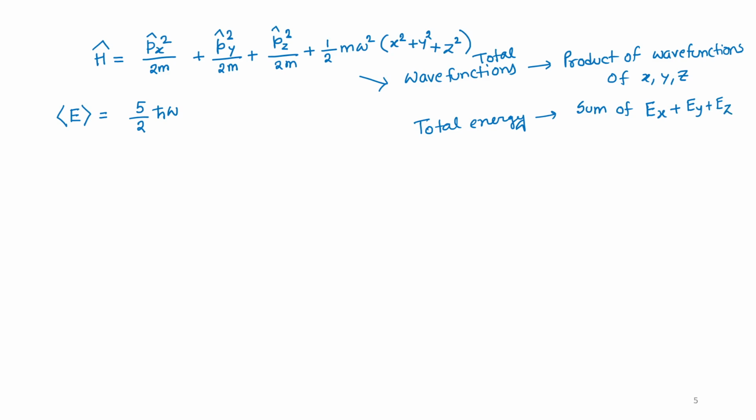Now, what is the expression for energy for only one dimension of a simple harmonic oscillator? That we know is (v plus half) h cut omega, right? Where v can start from, what are the possible quantum numbers? Can you tell me?